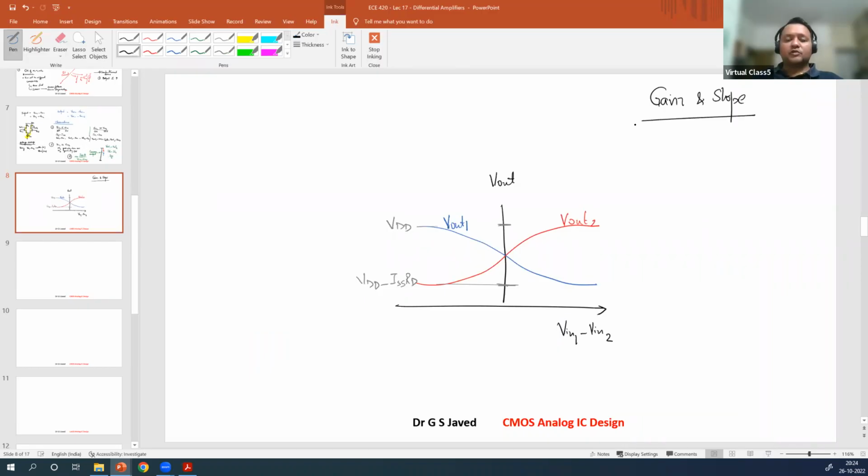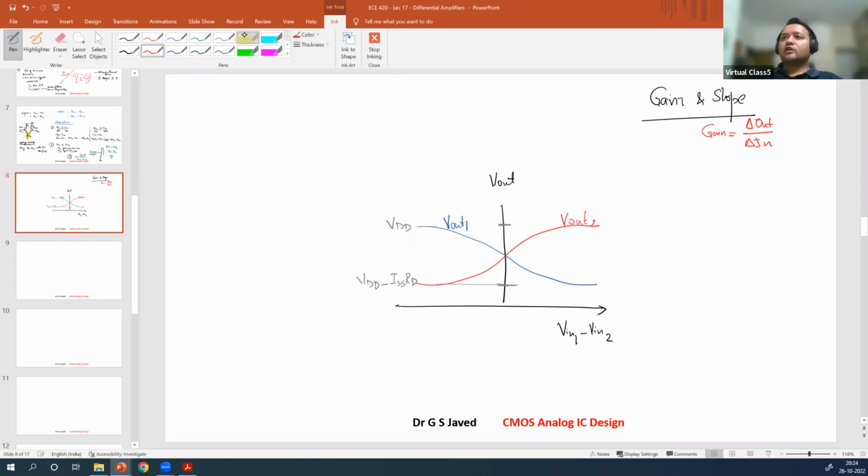Slope is typically going to show you, for your delta output, what is the delta input that is needed. That will give you a slope, and this is also defined as your gain, or that instantaneous gain.